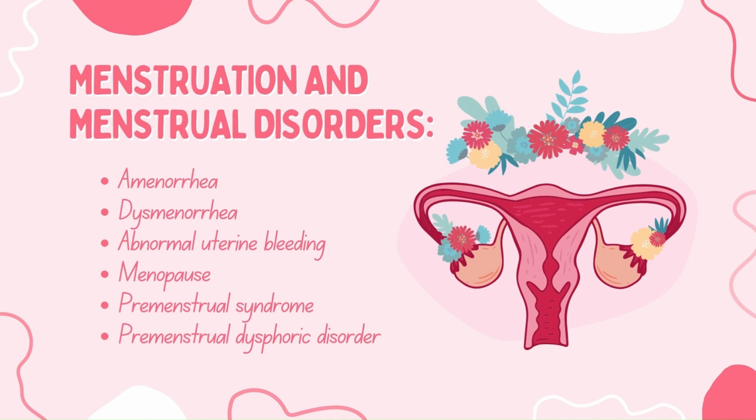Okay, so let's talk about the last topic in the menstrual disorders, premenstrual dysphoric disorder. So this is just a severe form of premenstrual syndrome, but there is more functional impairment where anger, irritability, and internal tension are prominent. Clinical manifestations are very similar to premenstrual syndrome or PMS, but worse.